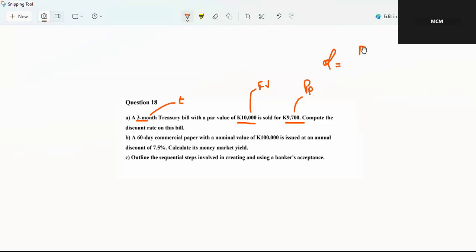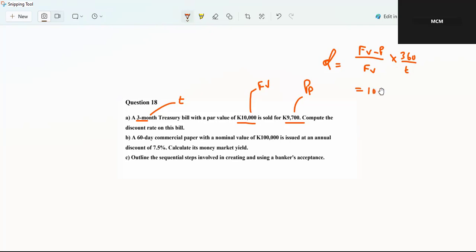The discount rate is equal to face value minus purchase price over face value. The key thing is face value here; people make a mistake on that. Times 100, and times 360 over n.